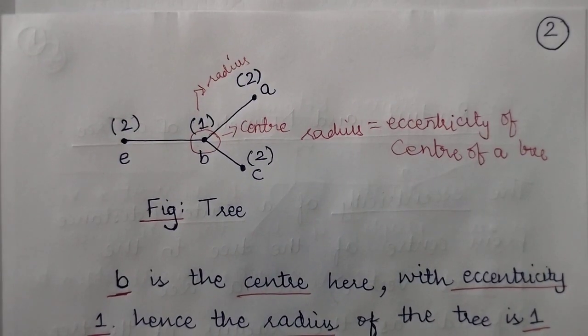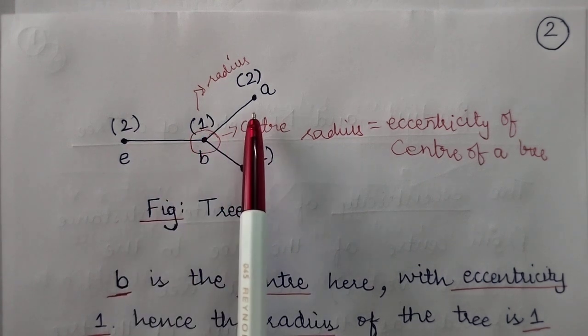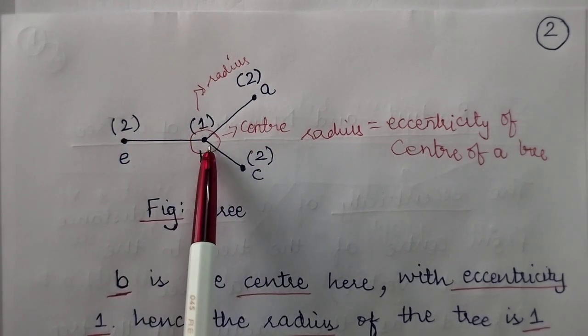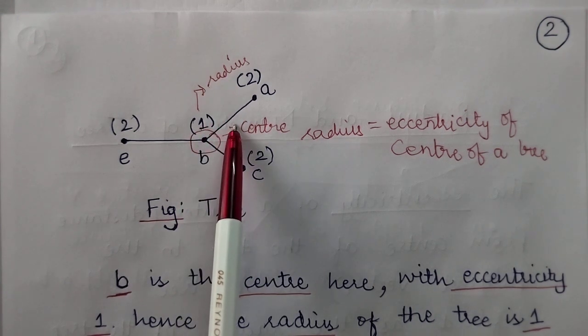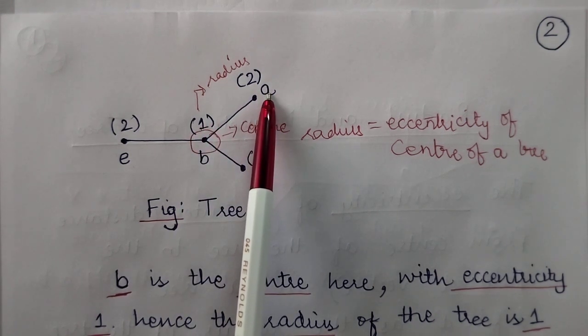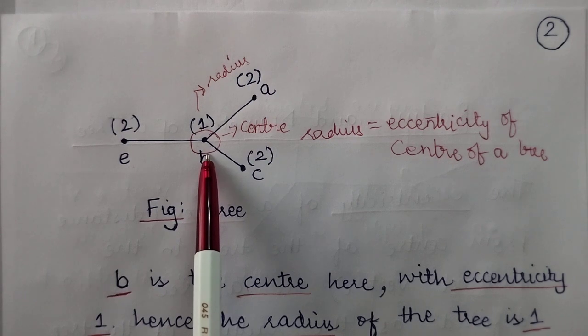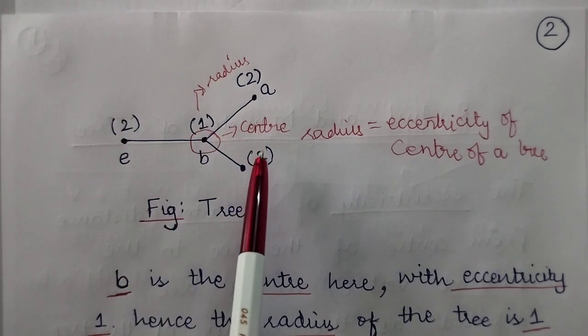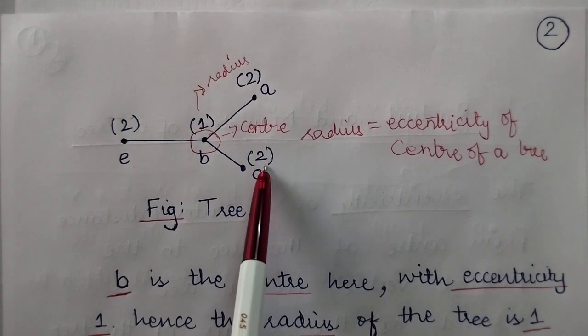We consider another tree. Here we can see we have 4 vertices A, B, C and E, and the eccentricities of those vertices are written right above them. The eccentricity of A is 2, the eccentricity of B is 1, the eccentricity of E is 2 and the eccentricity of C is 2.